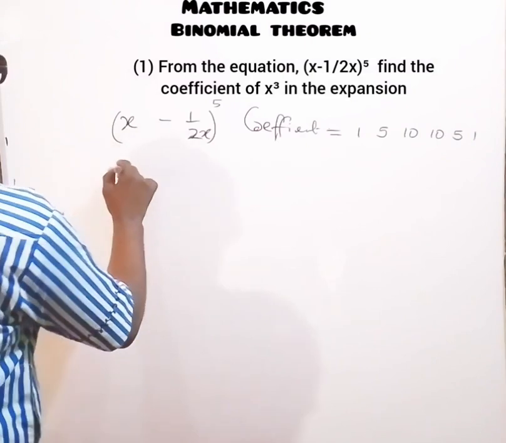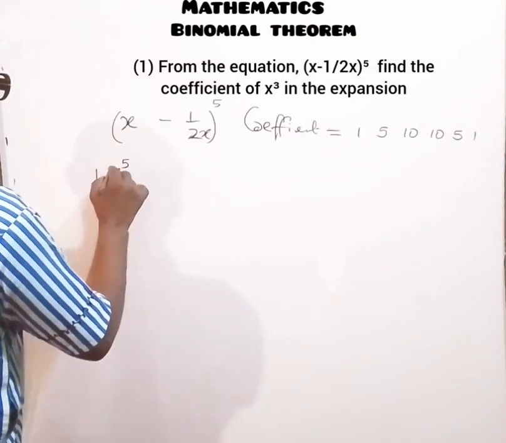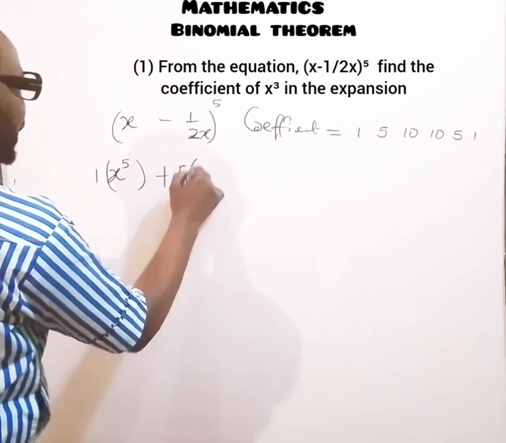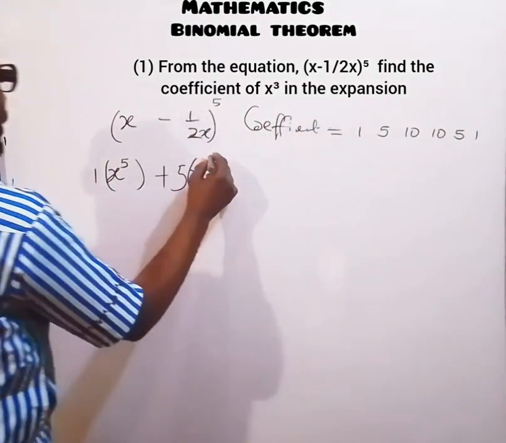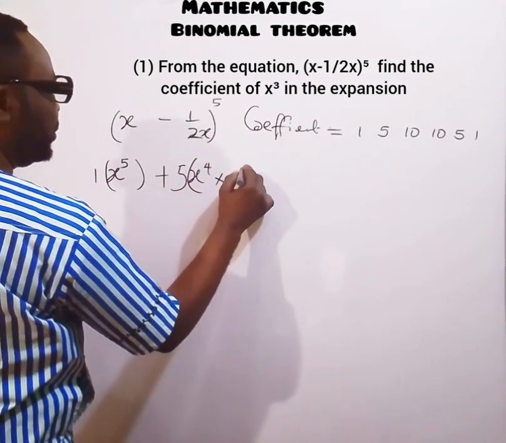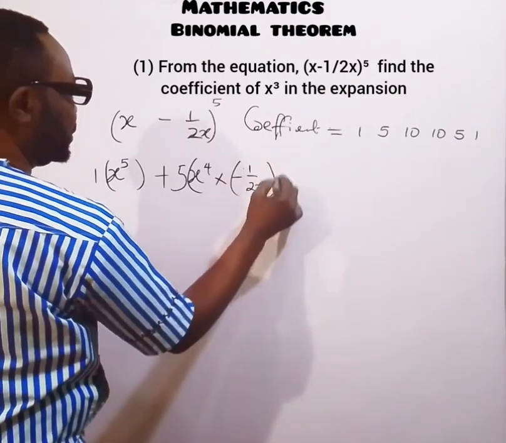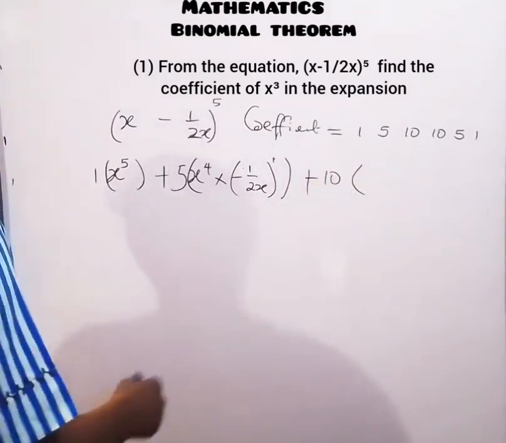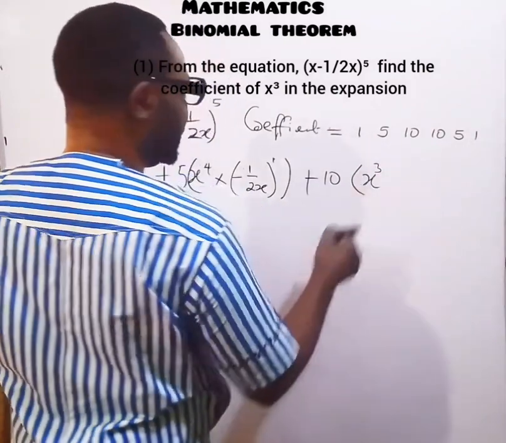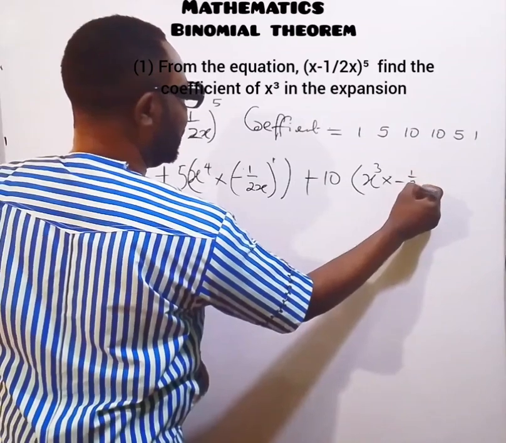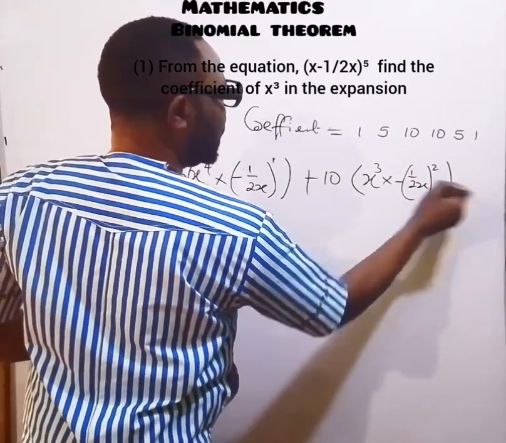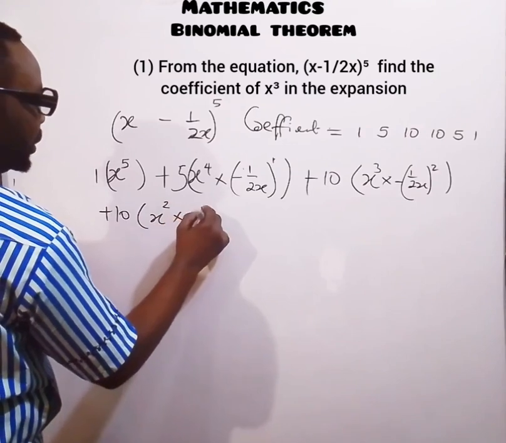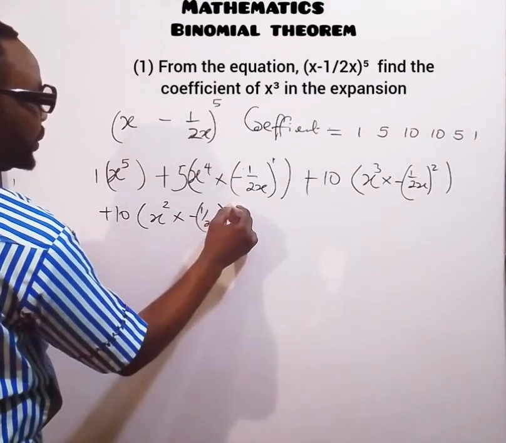We're going to have 1 multiplied by x raised to the power of 5, plus 5, which is the coefficient here, into x raised to the power of 4 multiplied by minus 1 over 2x raised to the power of 1, plus 10 into x raised to the power of 3 multiplied by (minus 1 over 2x) raised to the power of 2, plus 10 into x raised to the power of 2 multiplied by (minus 1 over 2x) raised to the power of 3.